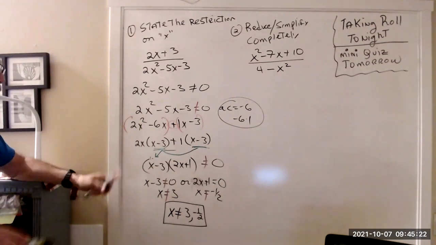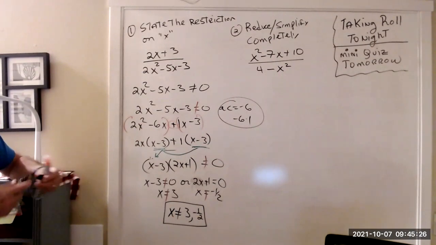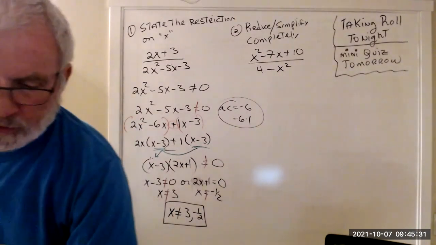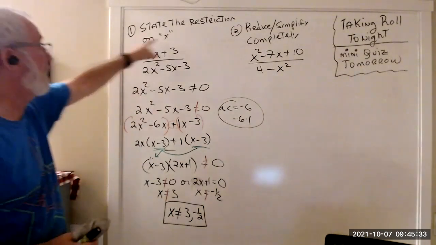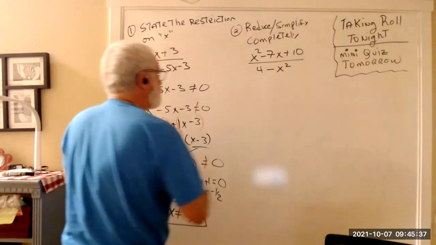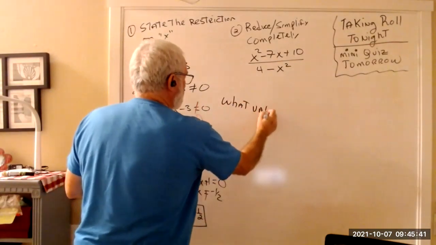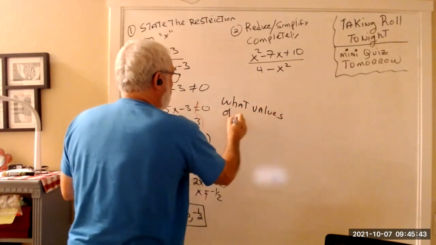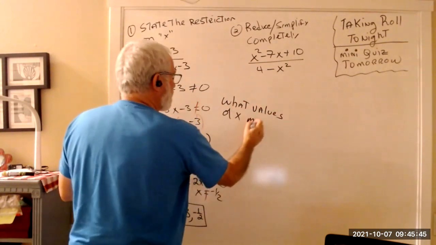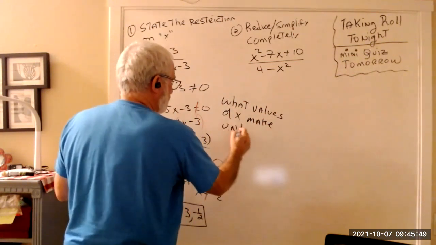Okay, different books have different ways of asking this. Sometimes they say, what are the restrictions on x, like I did here. Sometimes they say, what values of x make the problem undefined.